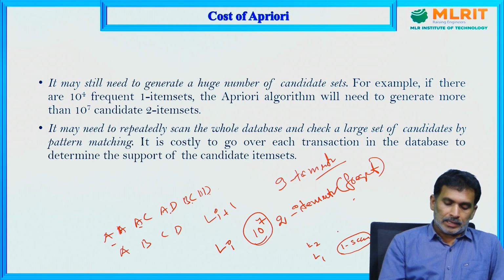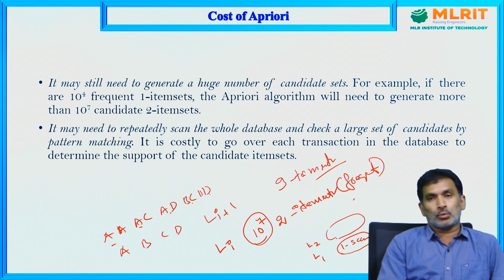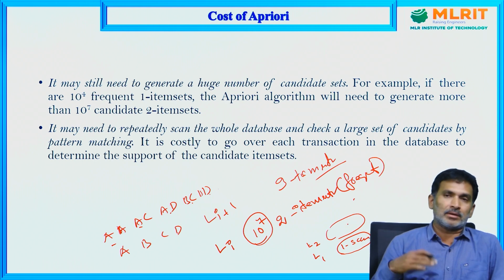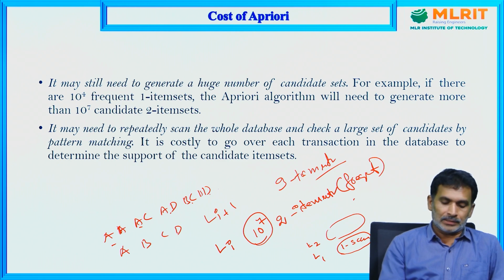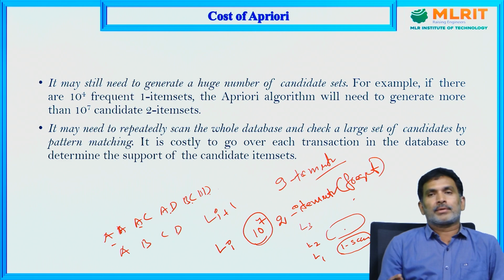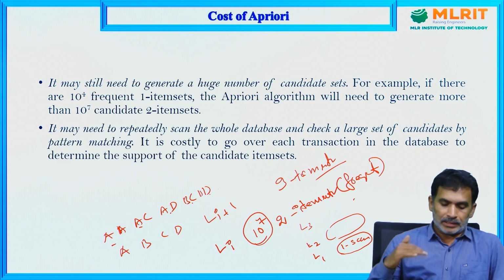Once you generate the candidate item sets at level 2, we have to scan the entire database again to find the frequency of these 2 item sets.